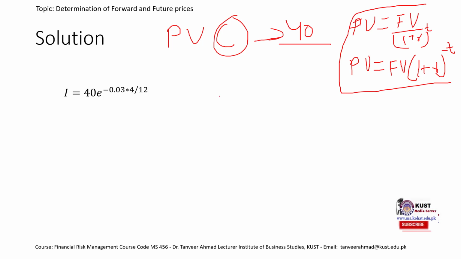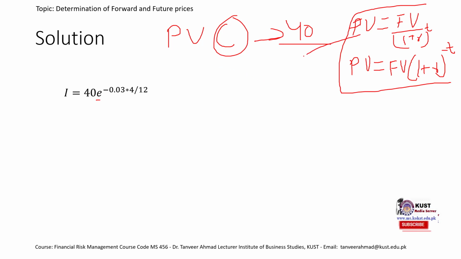But in case of our forward pricing or derivatives, we said that we are going to use continuous compounding instead of compounding for a specific frequency. So when we are going to use continuous compounding, then we are going to use e.